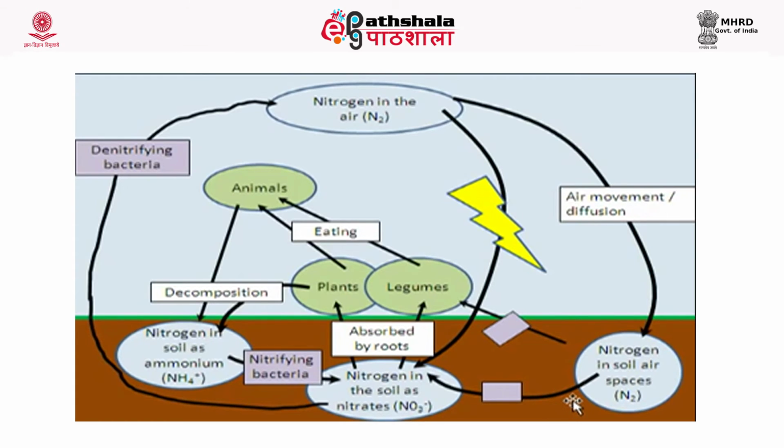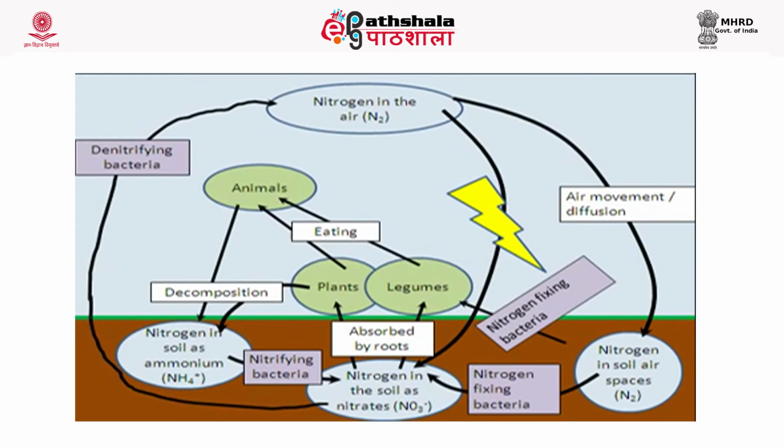And then finally we've got the nitrates being made here by bacteria directly from nitrogen in the air spaces, and here we've got nitrogen being incorporated into plants by bacteria. So they are both nitrogen fixing bacteria.